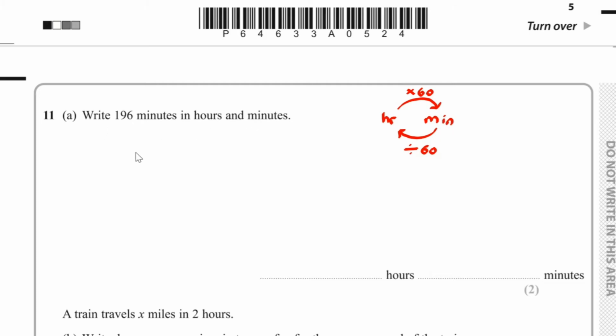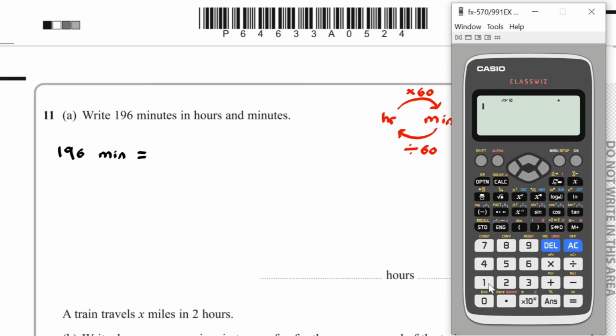And so if I've got 196 minutes, if I divide this by 60, it turns out we get 3.26 etc. hours.